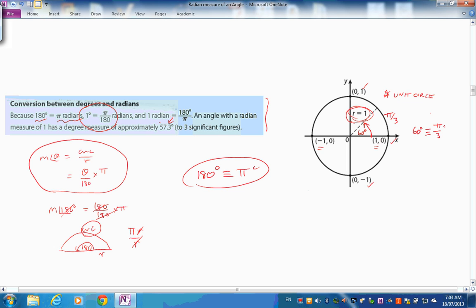So we can immediately, in our standard circle, say if the measure of the angle theta is arc over radius in radians, then it's arc over 1. So if you measure the angle in radians here, 60 degrees is pi on 3 radians, and in a unit circle you automatically have the length of the arc.